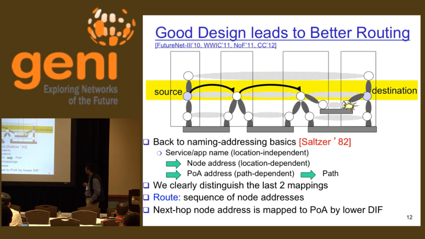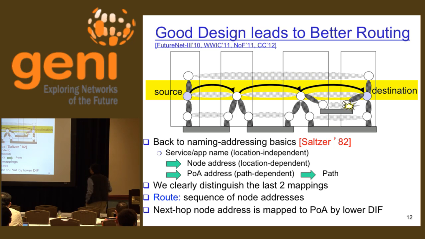Given the node address at that layer, this lower layer will have a flow that maps this node address to a point of attachment or a node address at that lower layer, and this will carry out the routing to the next hop. So recursively, we use the flows or the connections from underlying DIF layers.